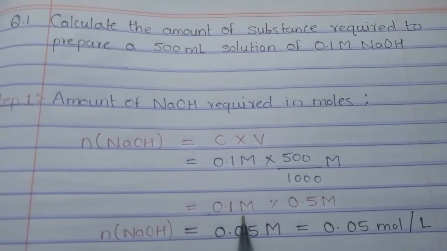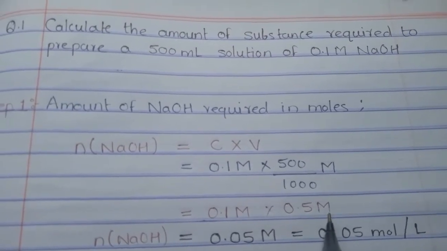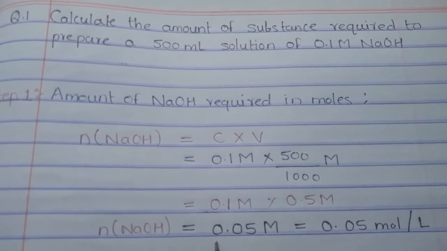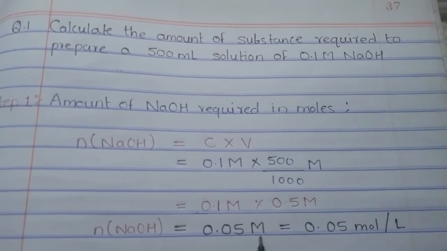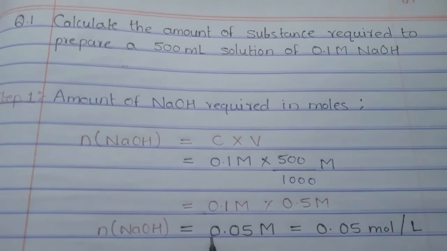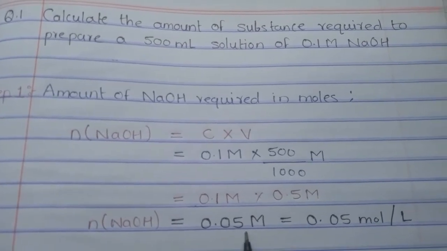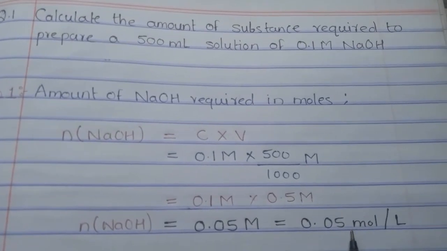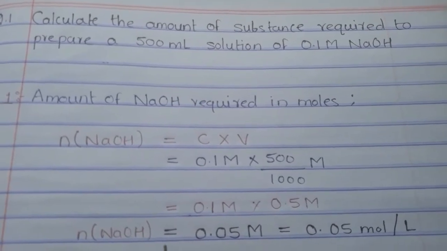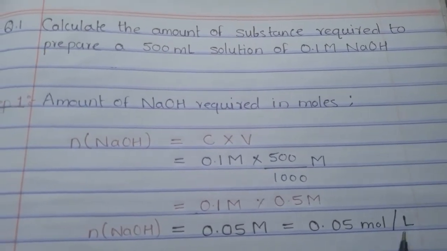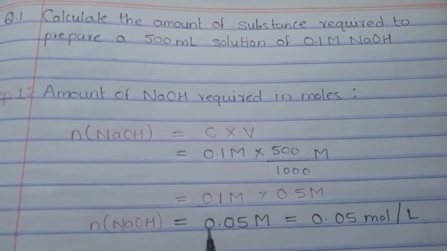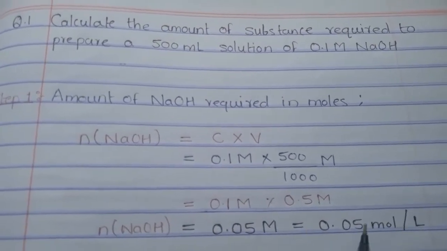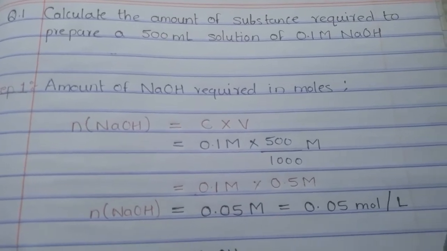So 0.1 molar into 0.5 is, after calculation, 0.05 mole. We can write it as 0.05 mole, or 0.05 mole per liter as well. So here we have done the conversion of the given quantity into moles. Let's see what the next step is.